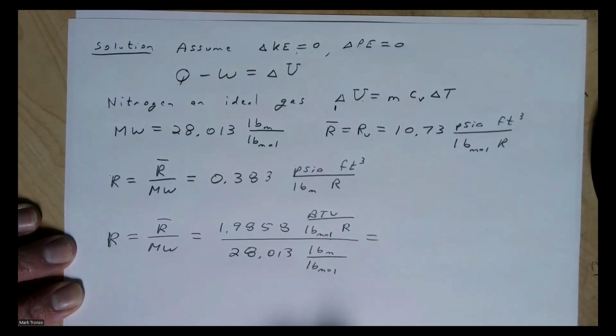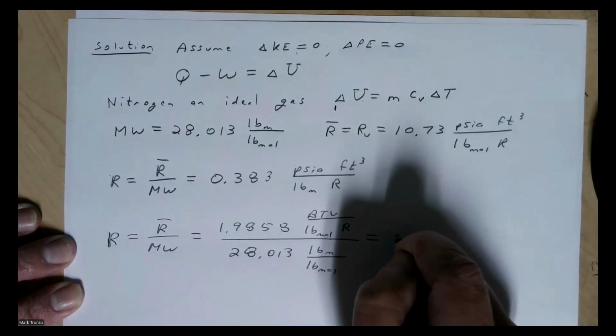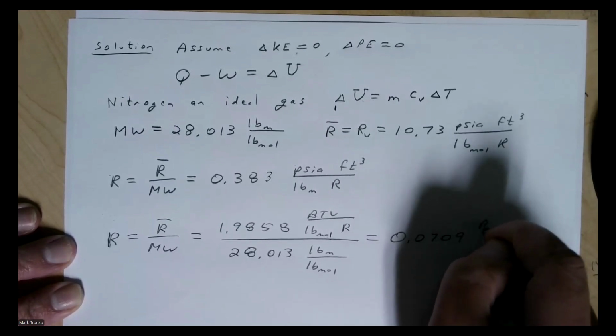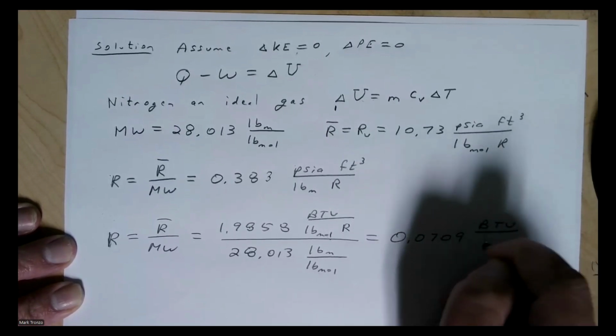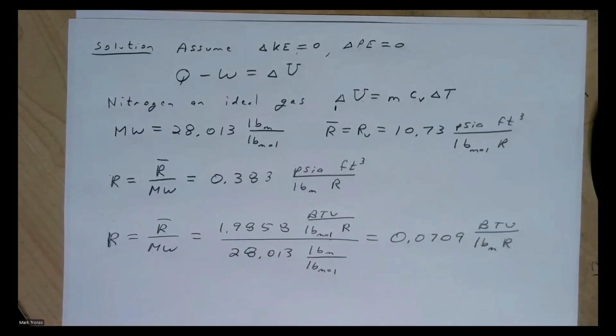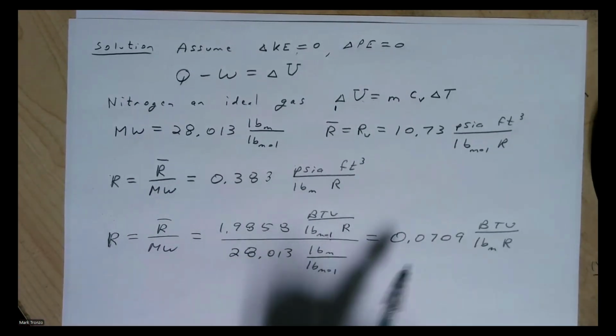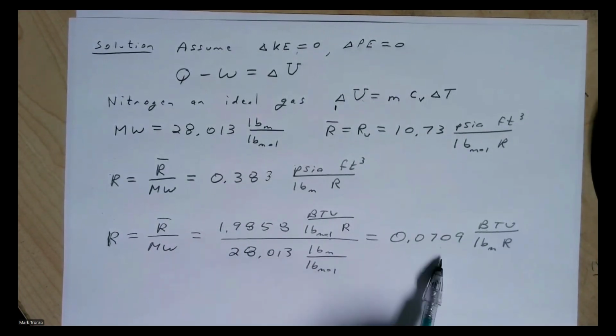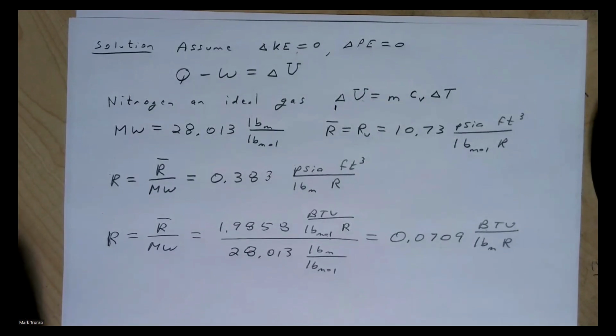And we divide these out. BTUs per pound mass R. You'll find sometimes when we have our answers, sometimes we want to use this one, sometimes we want to use this one.